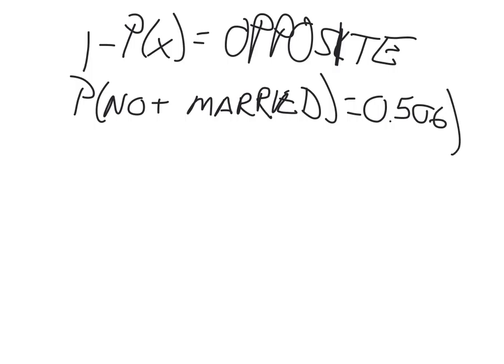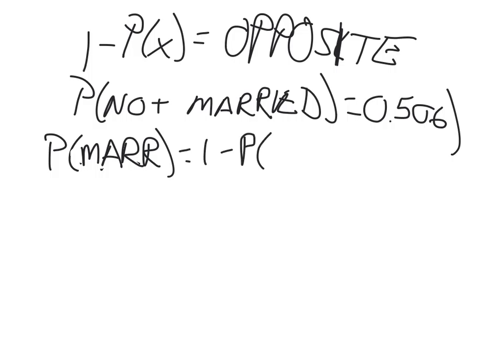So if I wanted to find out the probability, if I select a woman at random, that she is married, then that's going to be 1 minus the probability of not married.